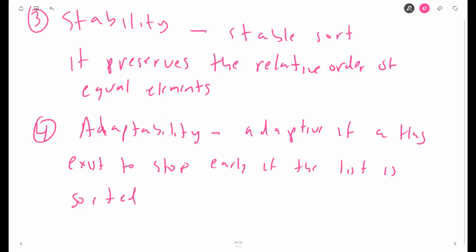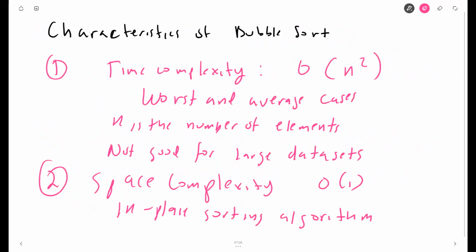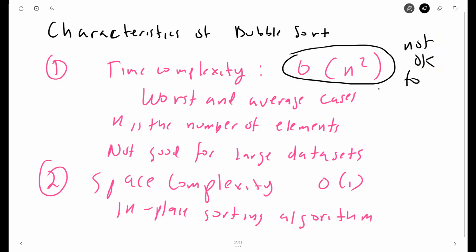So in summary, while bubble sort is not suitable for large datasets due to its high time complexity, it serves as a great introduction to sorting concepts and algorithm thinking. So remember, this is not okay for large datasets.